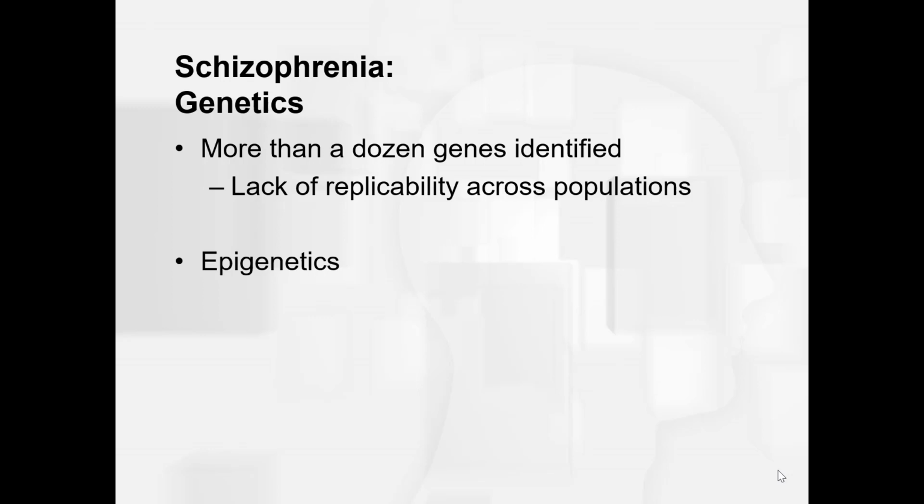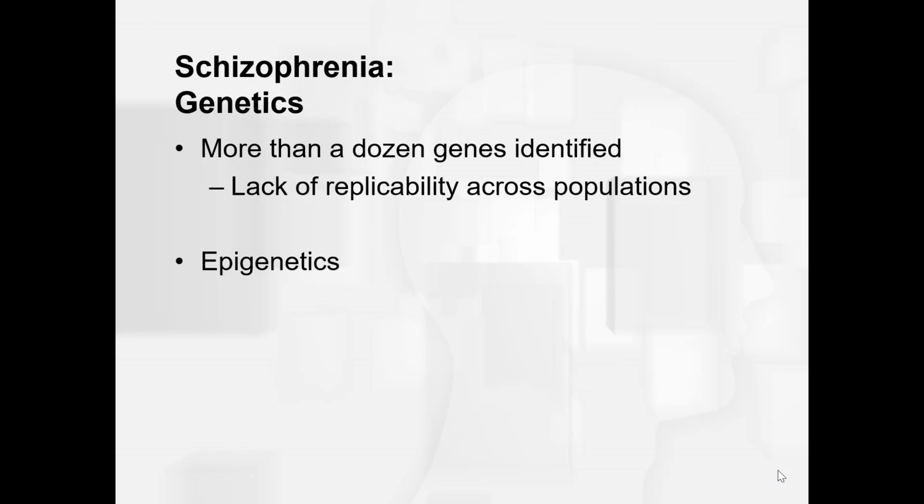So again, we've talked about this previously, earlier in the semester, and that's the idea that it's not an actual change in the DNA, but the way that the DNA is processed by increasing or decreasing the rate of transcription based on methylation or acetylation.